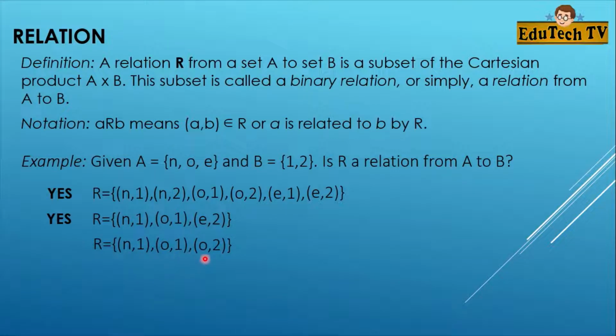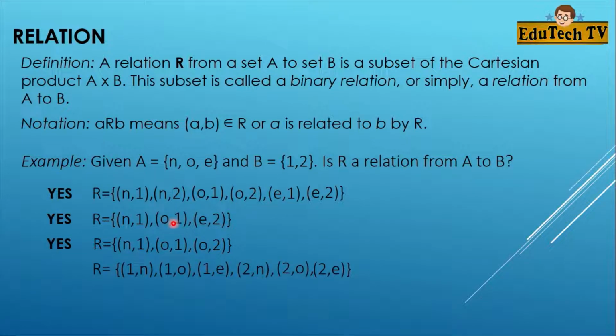N1, O1, O2. Again, this is a subset of A × B. Since it is from A to B, then it is a relation.